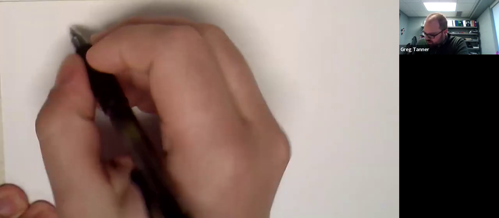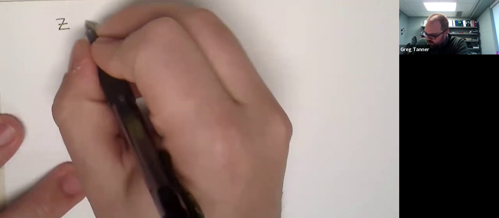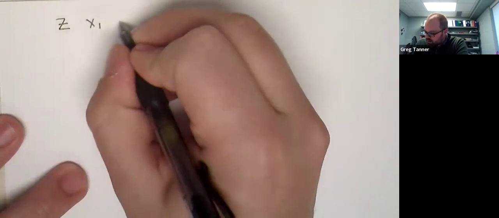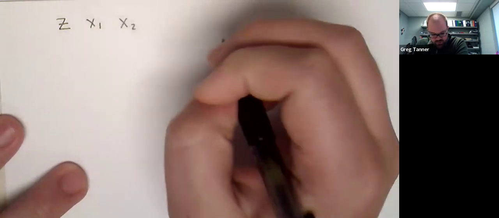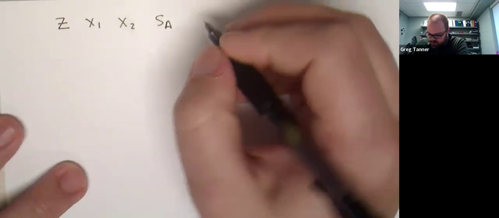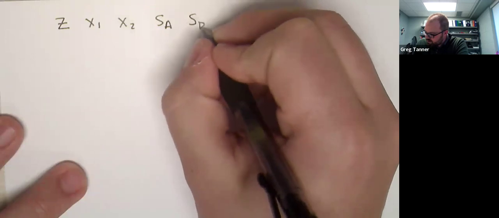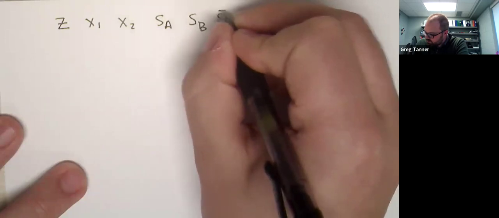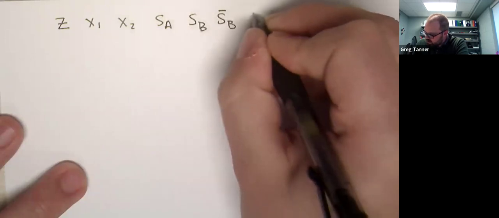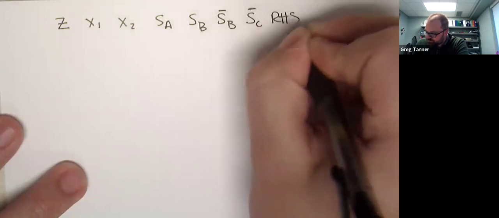The columns are going to be Z, a column for my X1 variable, X2 variable, slack for the A constraint, surplus for the B constraint, artificial variable for the B constraint, artificial variable for the C constraint, and then the right-hand side.